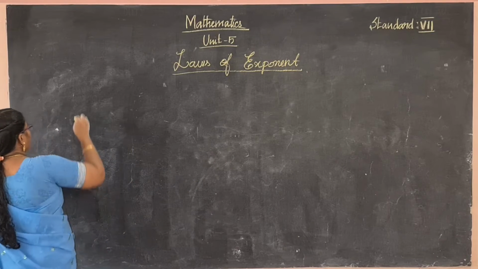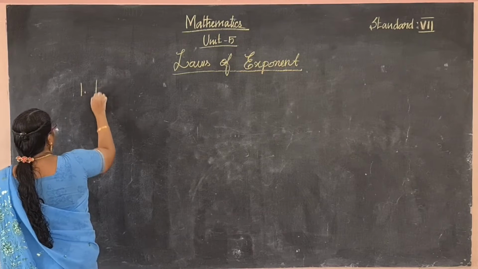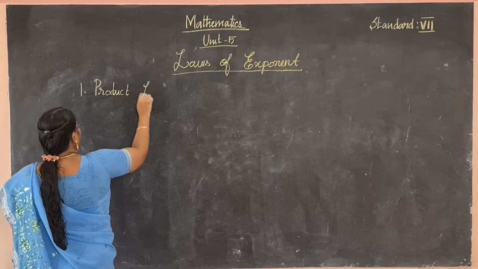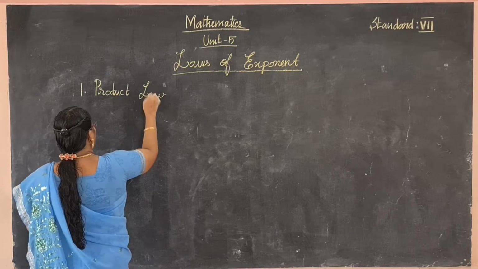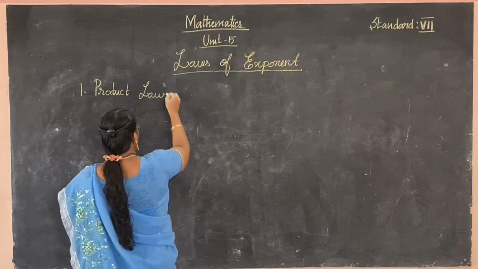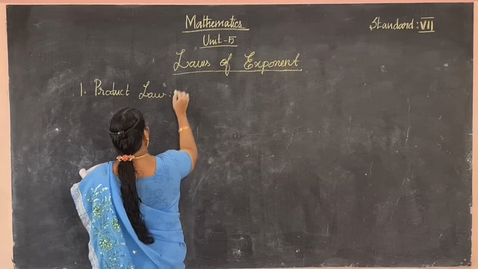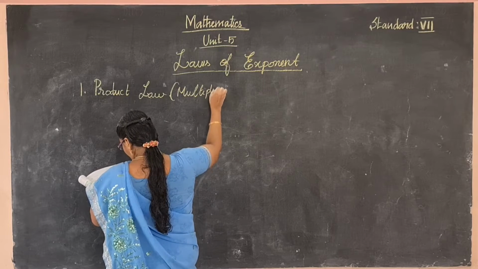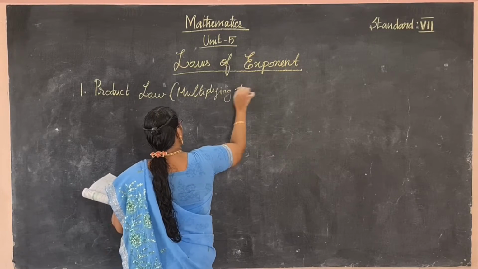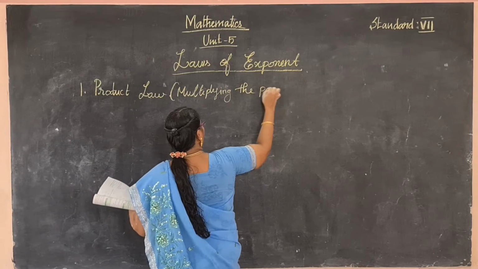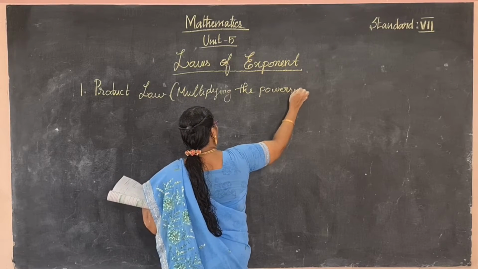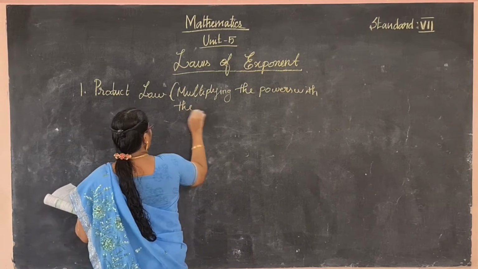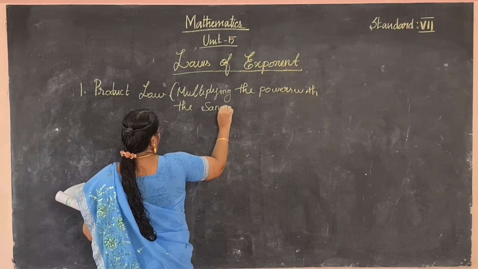I will write the names first. The first one is the product law. In your book it is given as multiplying the powers with the same base.